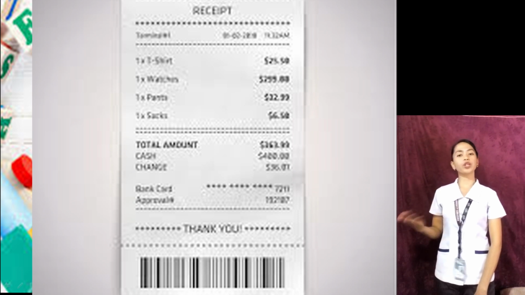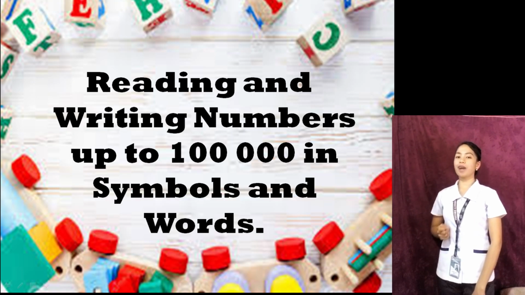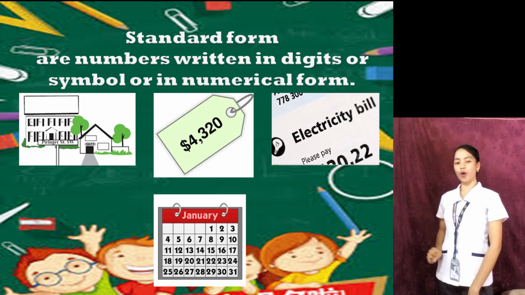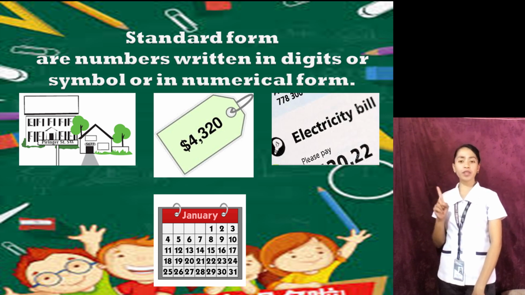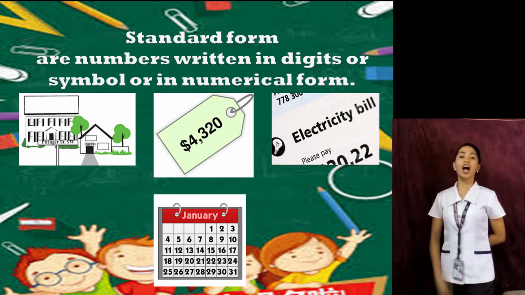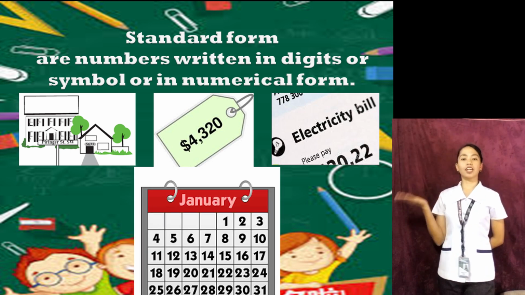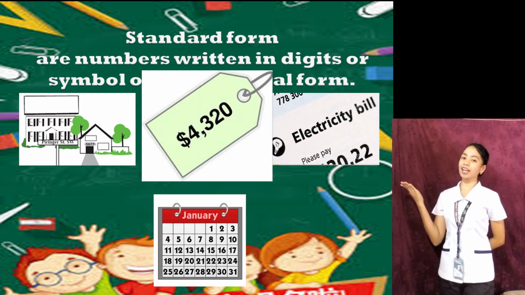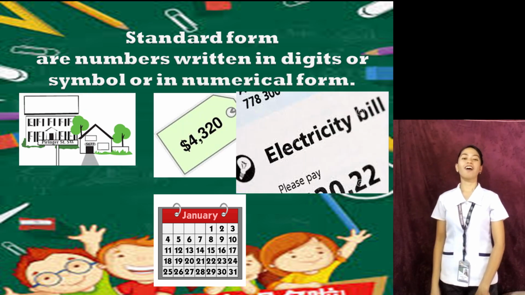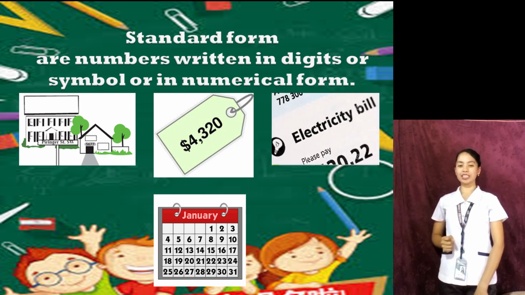The first step for you to be able to deal with money transactions is to learn how to read and write numbers. Standard form are numbers written in digits or symbols or in numerical form, like we see in the calendar, price tag, house number address, electric or water bill, and many more examples.